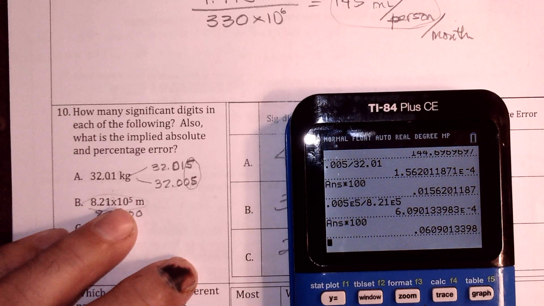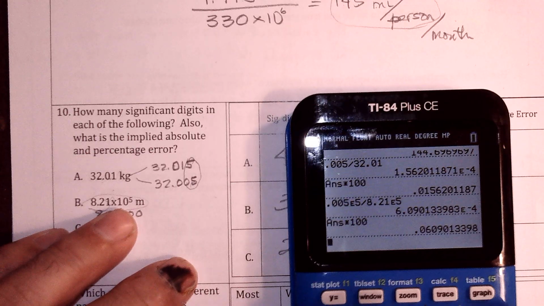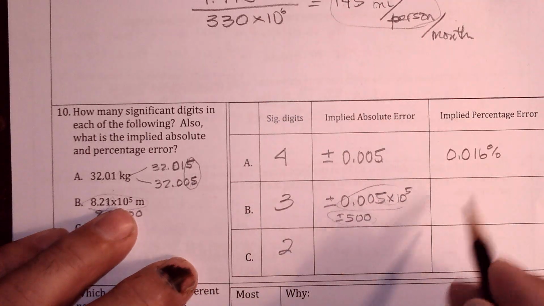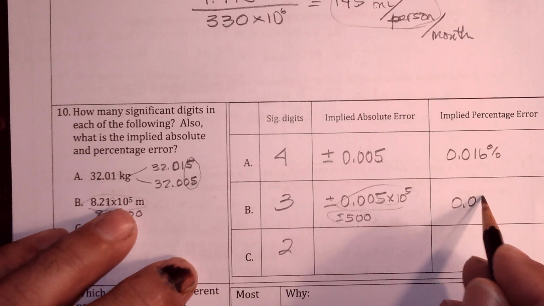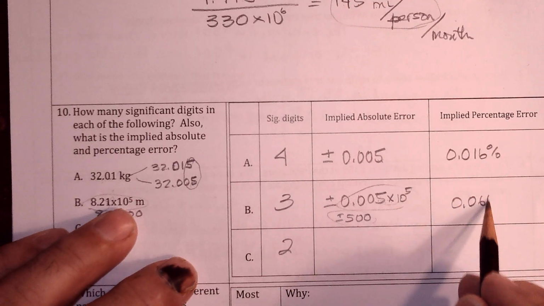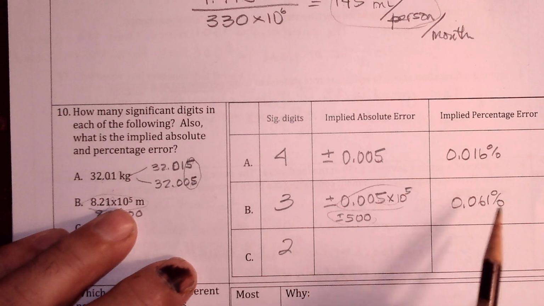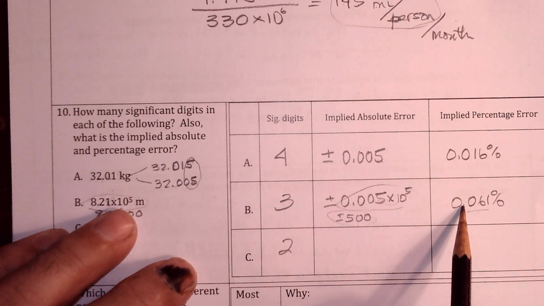I get 0.06%. 0.061%, rounding it off. It's a small percentage. It's less than 1%, less than 1%.